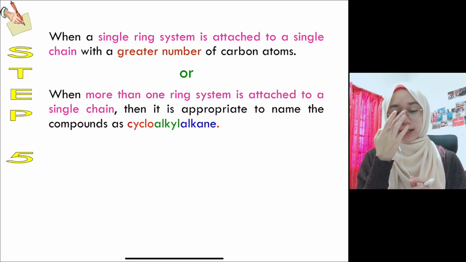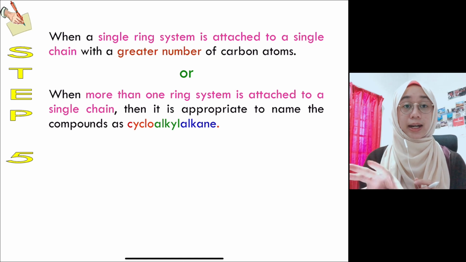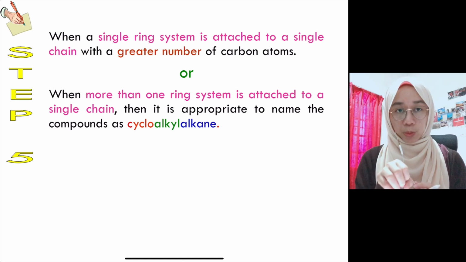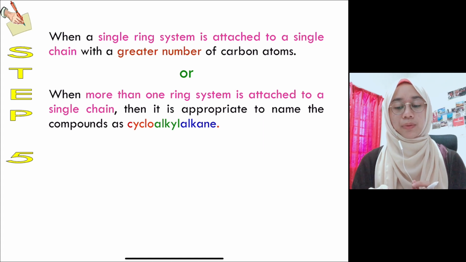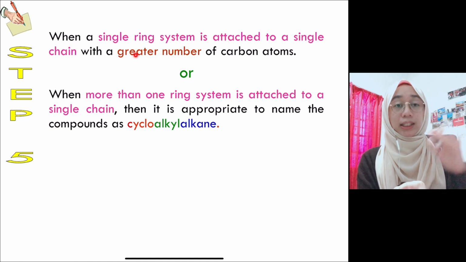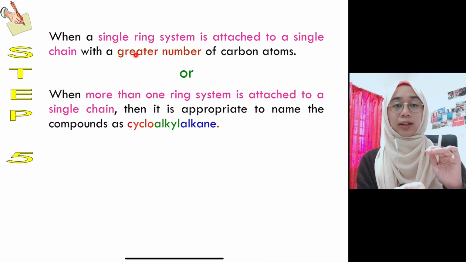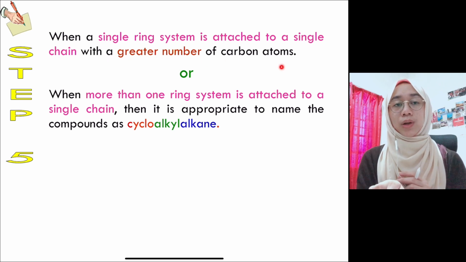5. Okay, now we want to look at the ring as a substituent. So when does the ring become a substituent? It becomes the substituent when the straight chain alkane, the one that is not a ring, has a greater number of carbon atoms compared to the ring.